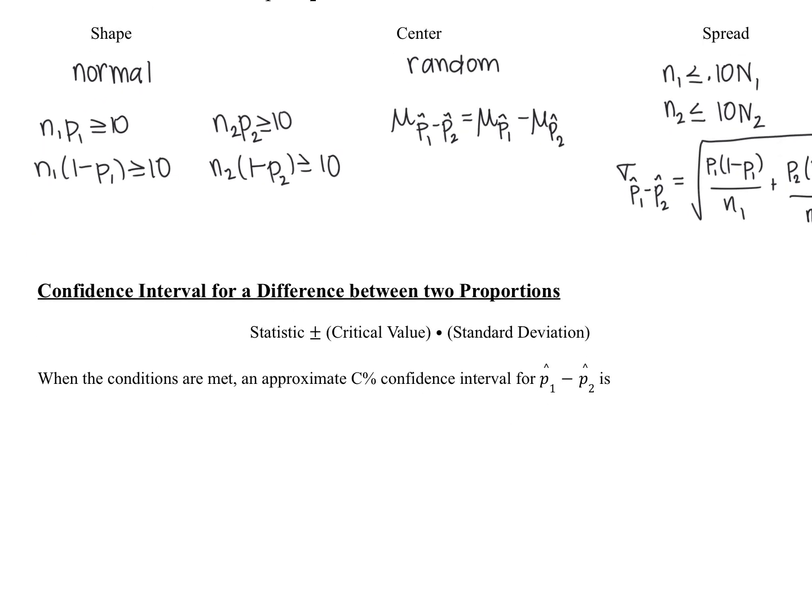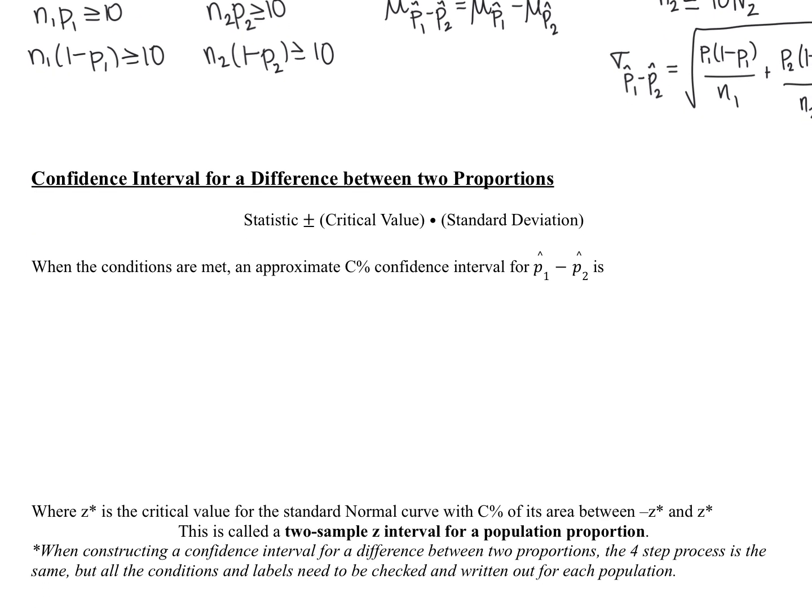So when it comes to calculating the confidence interval for a difference between two proportions, it follows the same rule as a regular confidence interval. You do your statistic plus or minus your critical value times your standard deviation. But this time our statistic is P1 hat minus P2 hat.